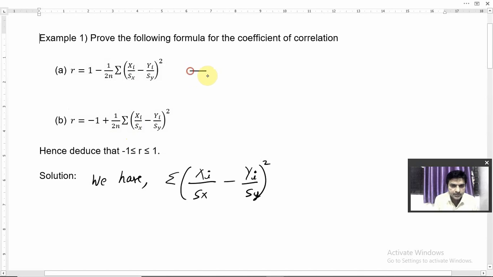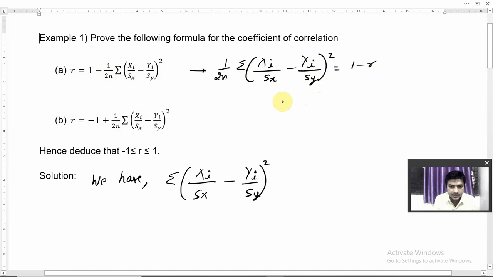So what I want to prove in this is: summation of (xi divided by sx minus yi divided by sy) square is equal to, bringing this r inside, 1 minus r.